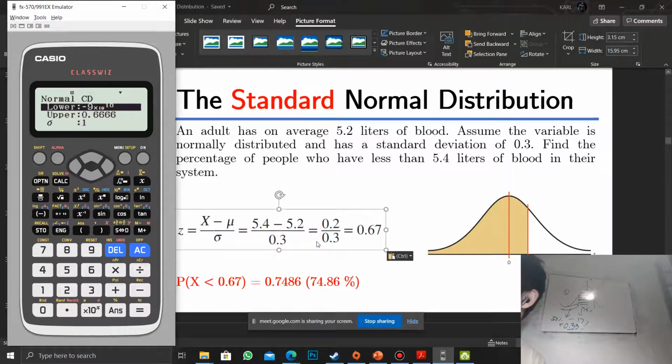Same method pa rin kanina. Ngayon, meron lang tayo pinapasok dito sa upper and lower, no? There we go. Before I proceed, nakuha ba yung proseso, guys? Yes, no?